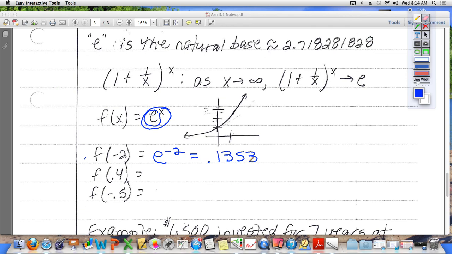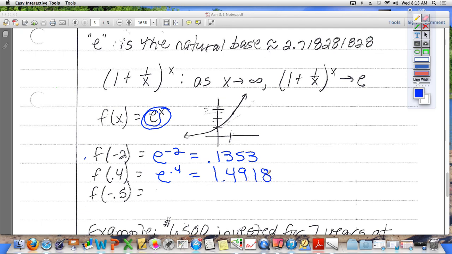All right. f of 0.4. That means e to the 0.4 power, which really means 2.718 to the power of 0.4. What is it? 1.49. Thank you.